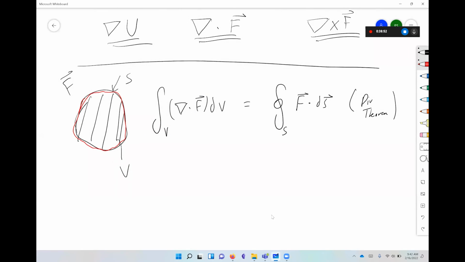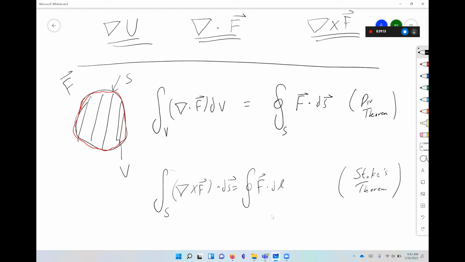And the other theorem that we again introduced as a postulate is called Stokes theorem. If you integrate a curl over a surface, this is going to equal the line integral over the boundary of the surface. So I draw the surface something like that.